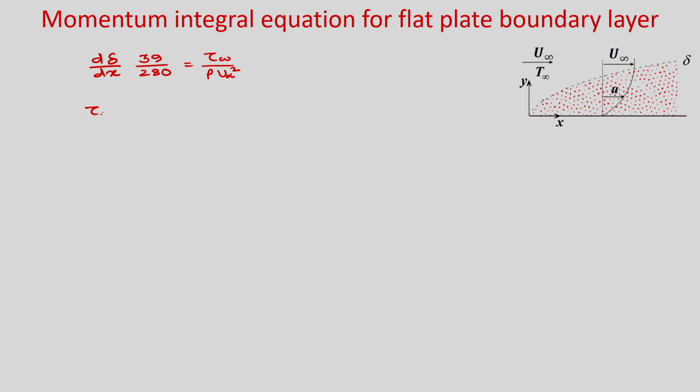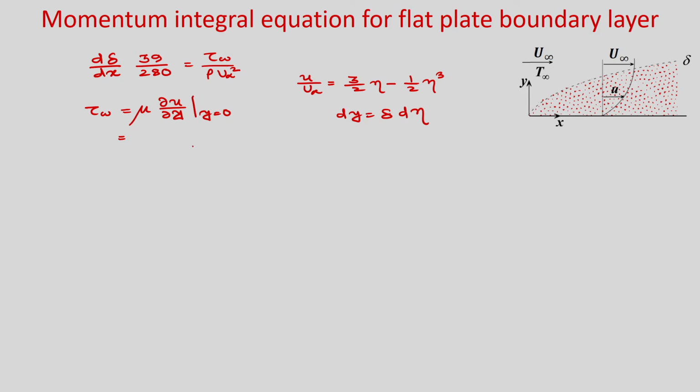So, you can write tau w is equal to mu del u by del y at y is equal to 0, and you can have velocity profile u by u infinity as 3 by 2 eta minus half eta cube, and also we have dy is equal to delta into d eta, right, because eta is equal to y by delta.